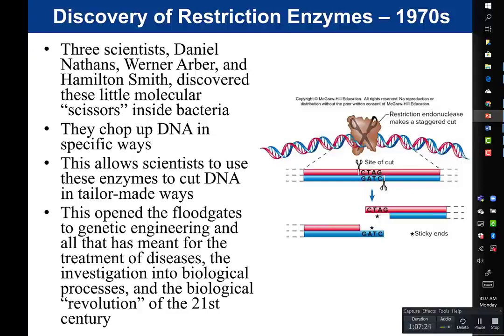And so the way that that works is you use these restriction enzymes, these enzymes from bacteria, and you can use those enzymes to cut at very specific sequences. And that then allows you to mix DNA sequences together till you get that recombinant DNA, this bacterial plasmid that then has this human insulin gene on it.